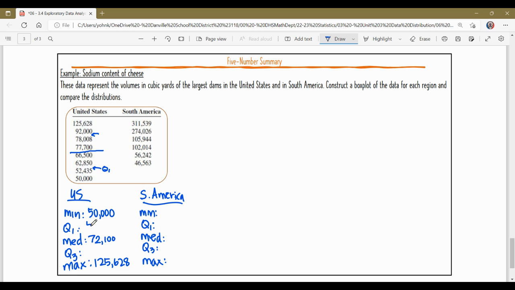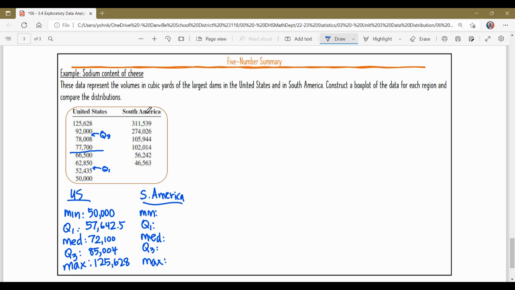If I do that, I get 57,642.5. My Q3 is going to be up here in my larger numbers between 92,000 and 78,008. If I find that, my Q3 is 85,004.